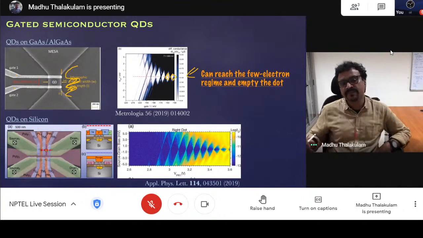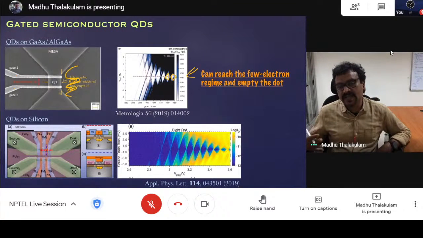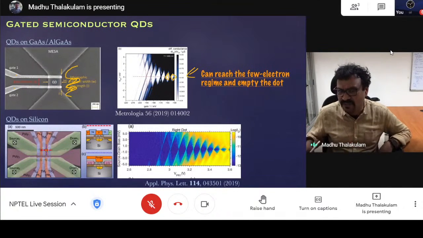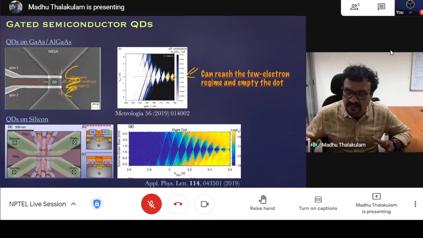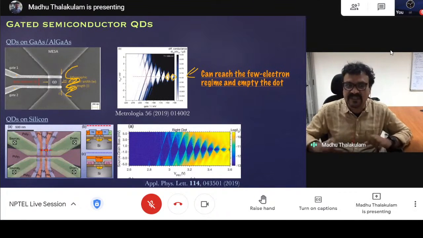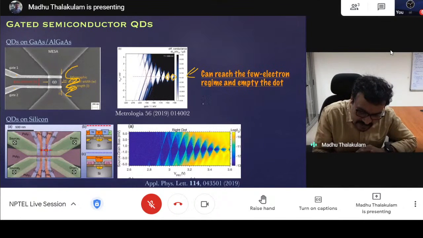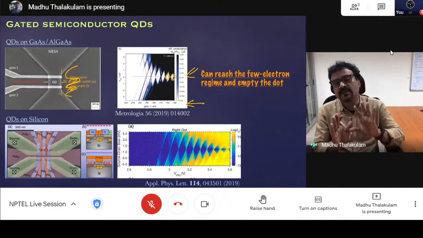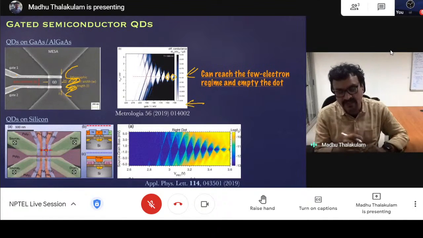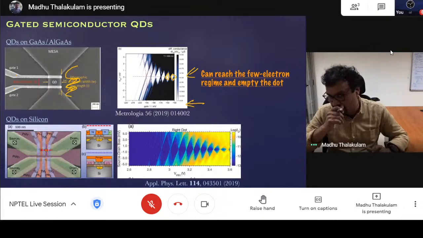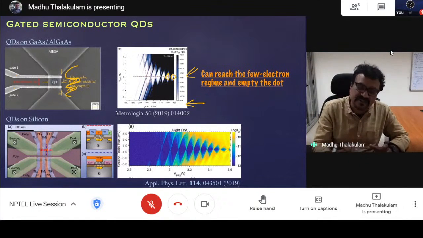The absence of a Coulomb diamond closure basically says that you don't have any more electrons left in the dot, because you don't have any more transport happening through it. When you go negative in the gate voltage, that is this horizontal axis here, you are pushing the levels up, and eventually all the levels are gone. You have no more electrons left in the dot. Then you say that your dot is empty.